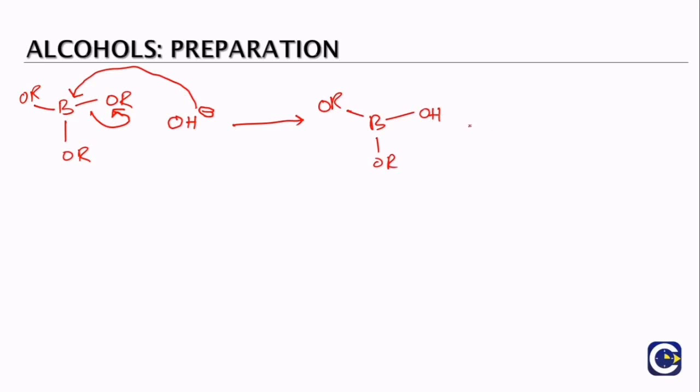In this reaction system, we'll also now have OR alkoxide groups. The same step will repeat two times or more, and finally we'll get a boron that is attached to three hydroxyl groups, and in the system we get three OR negative, that is, alkoxide groups.